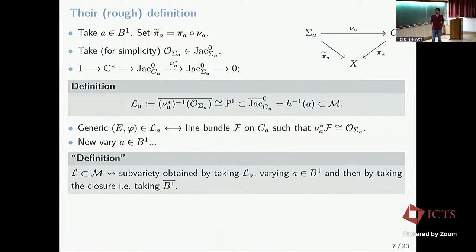This can be done in a rigorous way. What one has to do is take a family of nodal curves over this B1. That gives me a family of normalizations. And then I take the corresponding relative Jacobians of the families, and I take a section of the relative Jacobian of normalizations. So this is one example.